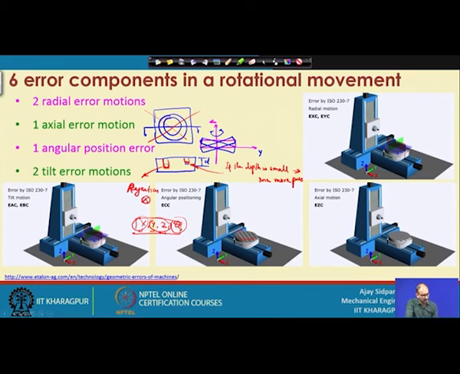This is the way you can understand what the problems in the motion error of the axis are. Workpiece machining and those things will come later, but first we have to make sure that the motions of all the axes are perfectly fine and there is no deviation, or if there is a deviation, it is within the allowable limit of the specification of the component which we are going to cut out of that machine.